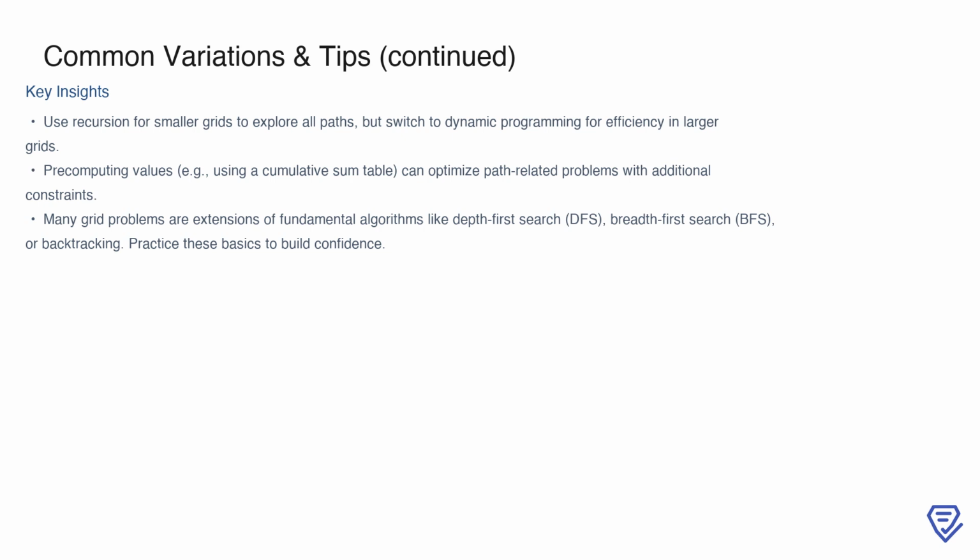It's also helpful to recognize that many grid-based challenges build on fundamental algorithms like depth-first search, breadth-first search, or backtracking. Strengthening your skills with these foundational techniques will give you the confidence to tackle more complex variations. By combining these strategies, you'll be well prepared to solve a wide variety of grid-related problems effectively.